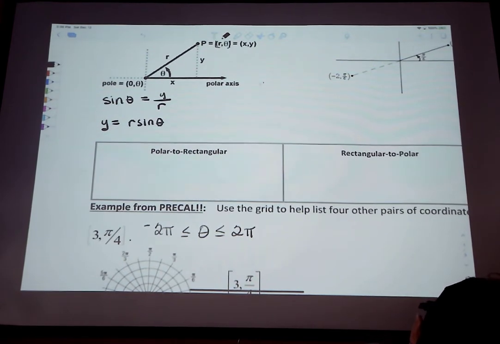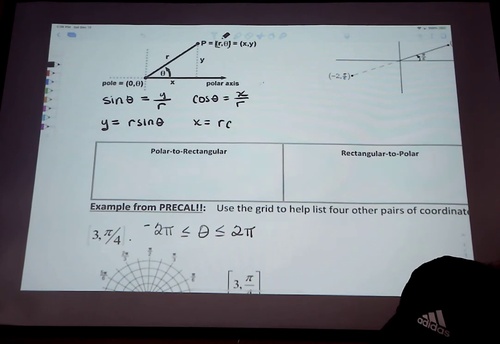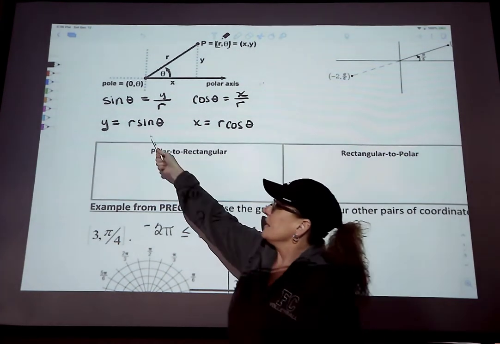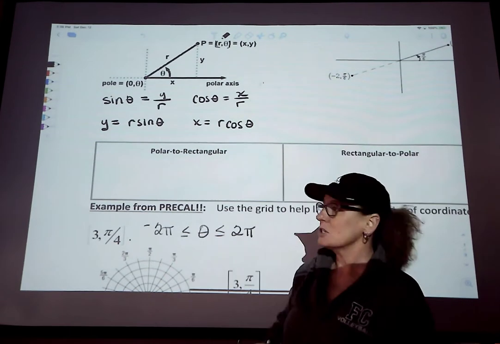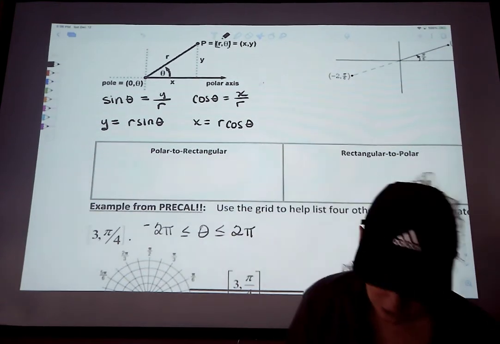Similarly, cosine of theta is equal to adjacent over hypotenuse. So I can say that x is equal to r cosine theta. These two right here are my formulas to convert from polar coordinates to rectangular coordinates.